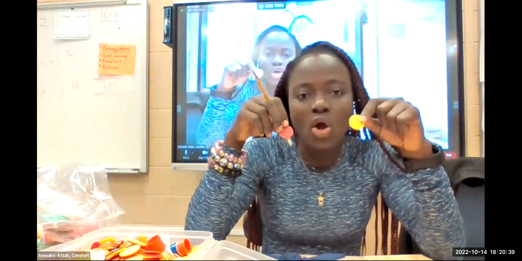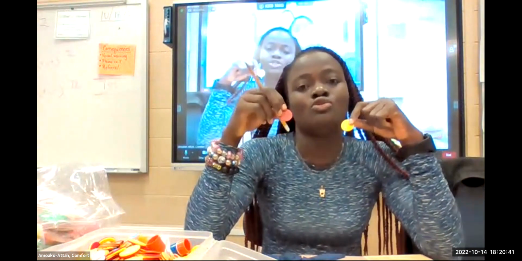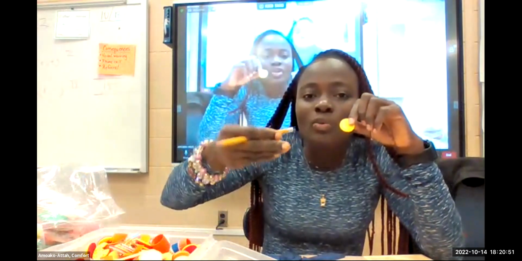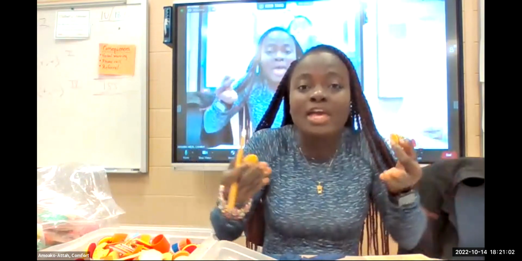With that, we have compared these two things. So after counting the total number of yellows, we now count the total number of reds. Then we compare these two quantities. Ratios are used to compare two quantities. All right, great.